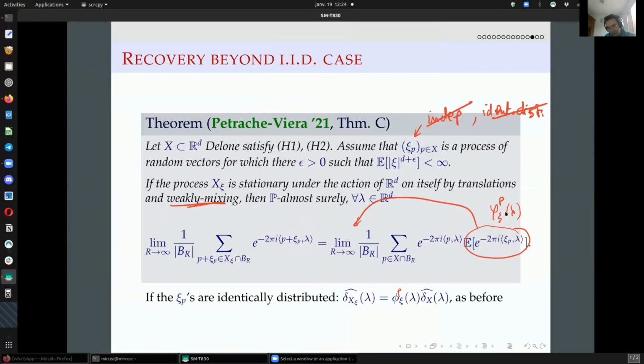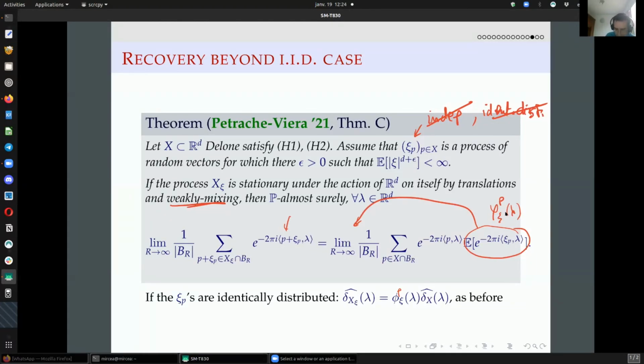And actually what is really useful here is not that these xi_p are independent, but really that only compactly many of them count. So if my process is stationary, then I can compactify. I can use my action by translations to say that just what happens in a compact set is useful, and I use this. This is a kind of weakening of the independence, which needs that you can compactify your space of perturbations in a way.